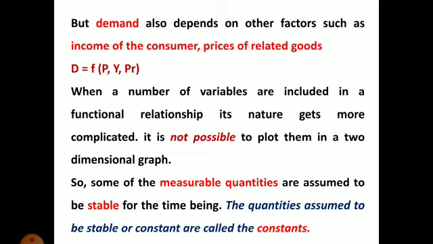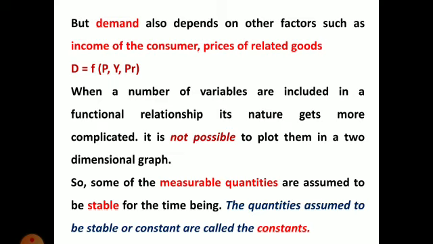These quantities are assumed to be stable, and those quantities which are assumed to be stable or constant. Stable means we assume that they remain constant. These are called the constants. These are the mathematical terms, namely variables and constants.